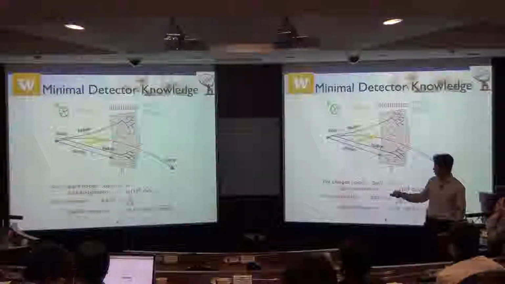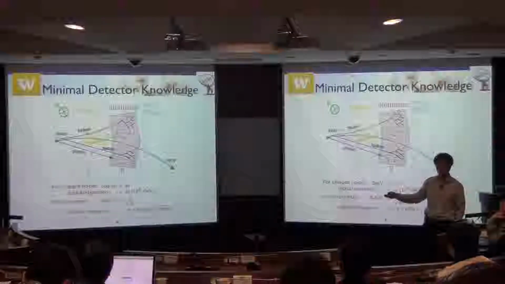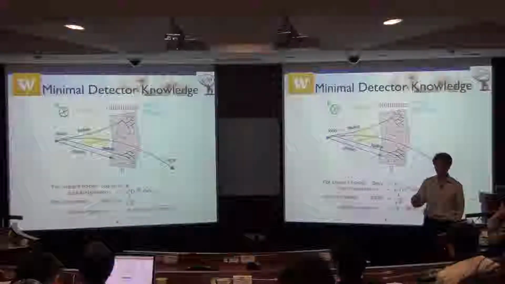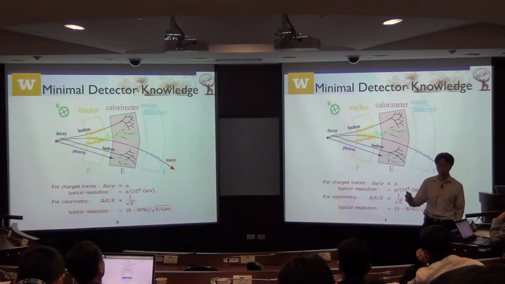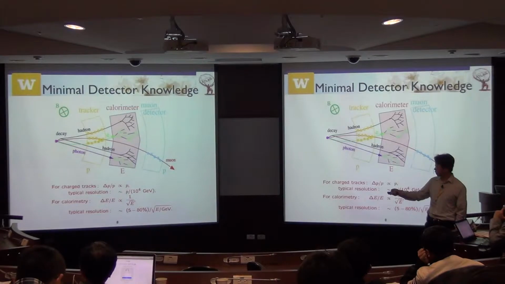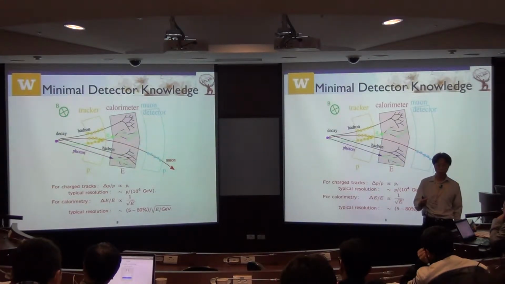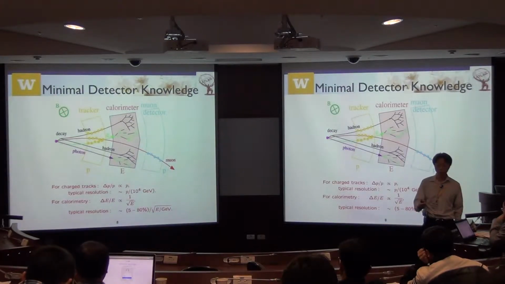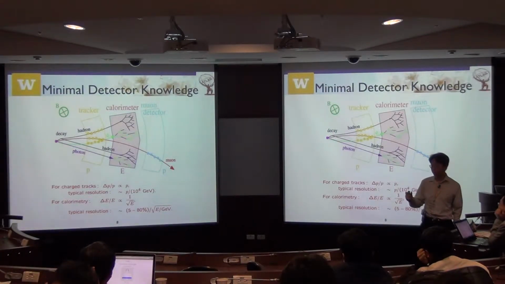And basically the resolution is proportional to the transverse momentum. So for the charged particle, if the momentum of the particle is higher, the resolution just gets worse. And instead of charged particles, if you talk about some neutral particle, for example a photon, or an electron, you can convolute its charge component, or you can just look at its energy detected by the calorimeter.